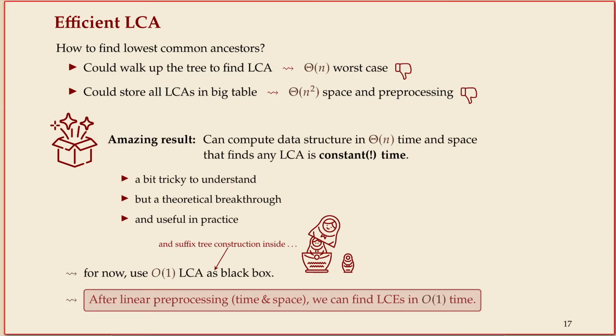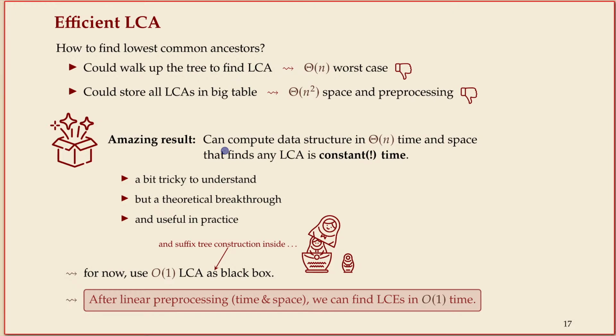Now, without a further trick, you don't really get further, but there is another trick you can play. There's a way to compute for any two leaves in the suffix tree their lowest common ancestor in constant time, after spending some pre-processing, but not this super slow quadratic time. Again, linear time is enough. So in a way, you can compute the suffix tree in linear time, and you can do this pre-processing for lowest common ancestors also in linear time.